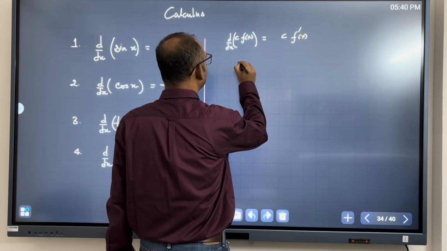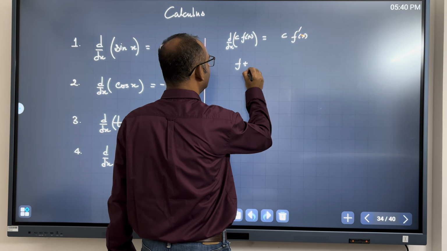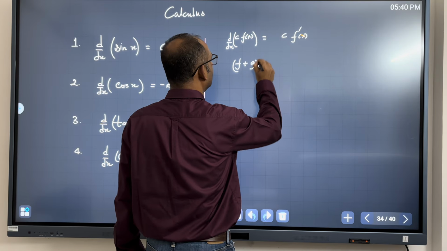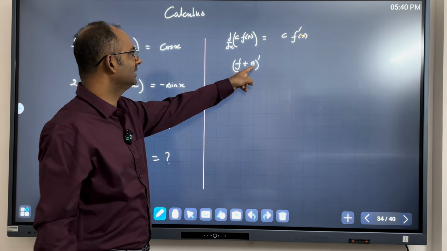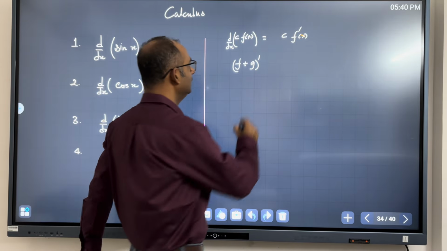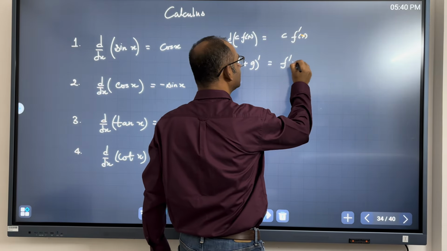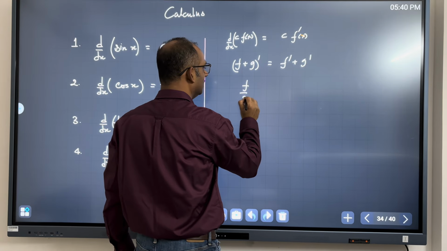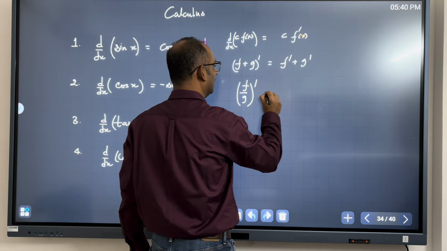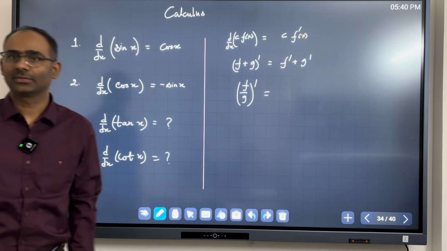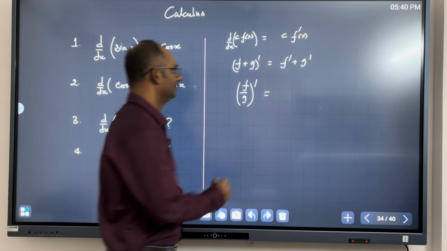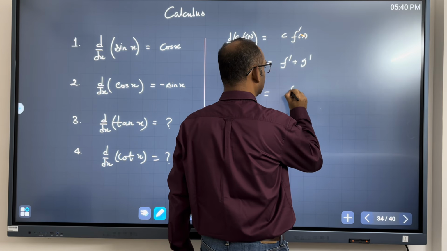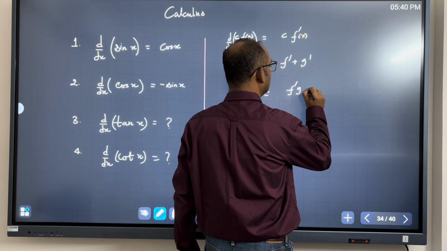And you remember what is f plus g prime, where instead of writing d over dx, I'm putting a prime. You remember that notation also. That is f prime plus g prime. And I'm more interested in this one right now. What is that? f prime g plus f g prime?